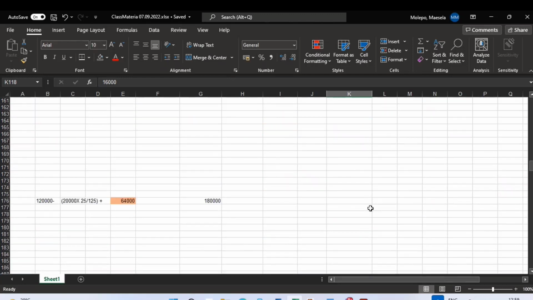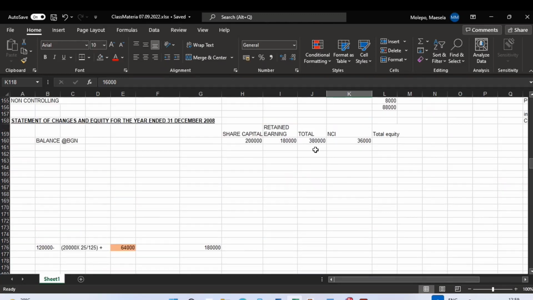Because remember, we are still doing the opening balances. So when you add all this together, it will be the 380 plus 36. So like this, then they will give you 416. Any question?